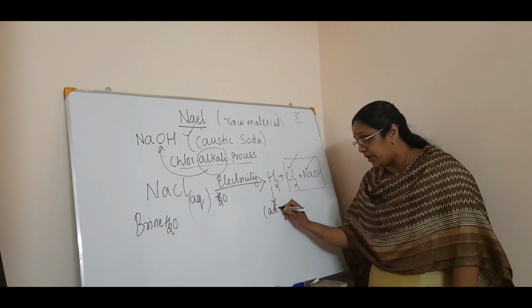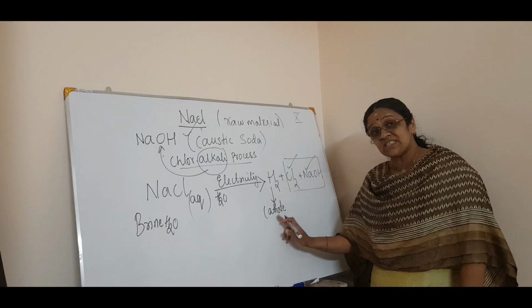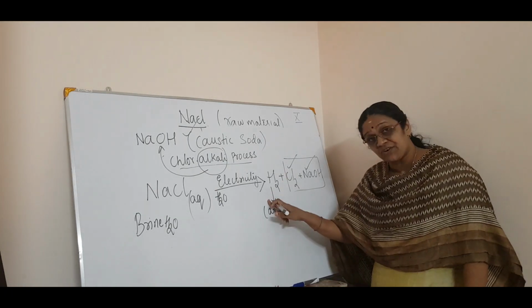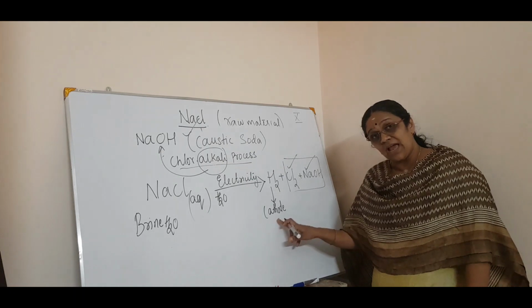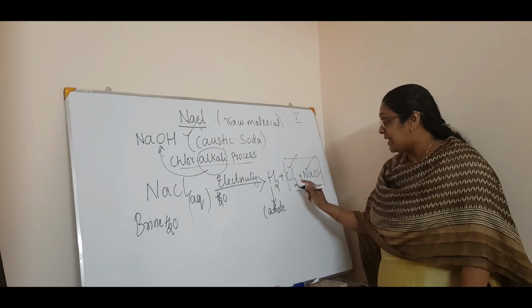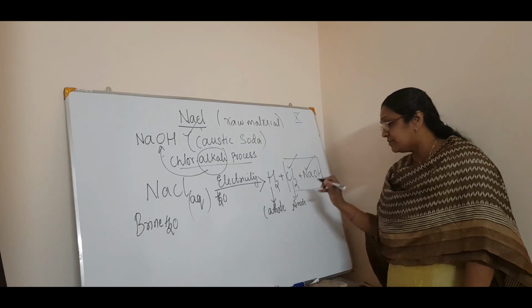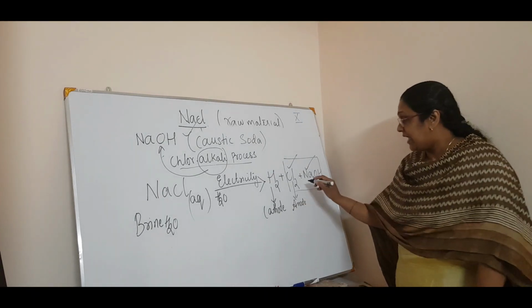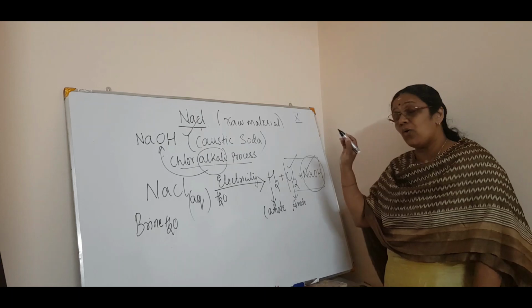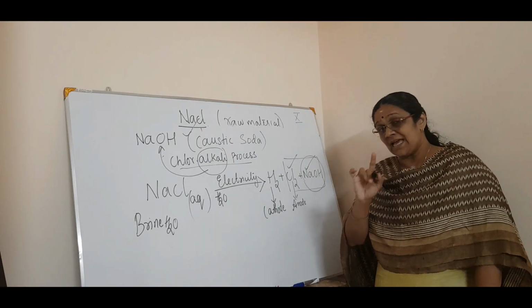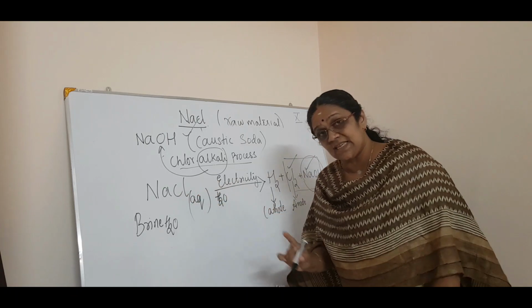Remember very carefully, cathode, because questions can be asked at which electrode the hydrogen is evolved. At the cathode. And the chlorine is evolved at the anode. And in the solution, NaOH will be there. Exactly, the solution is NaCl.